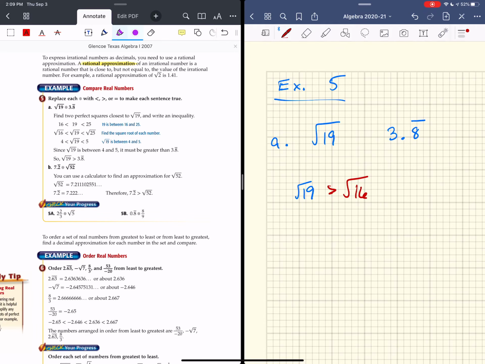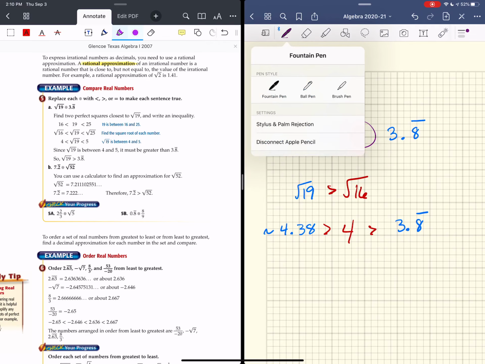And the square root of 16, of course, is 4. And I know that 4 would be greater than 3.8 repeating. So even if I don't know exactly what the square root of 19 is, I would need to go to the calculator, and it would end up being like 4.38-ish, I think. But even if I don't know that, I know it's bigger than 4, and so I also know that it has to end up being bigger than 3.8 repeating.